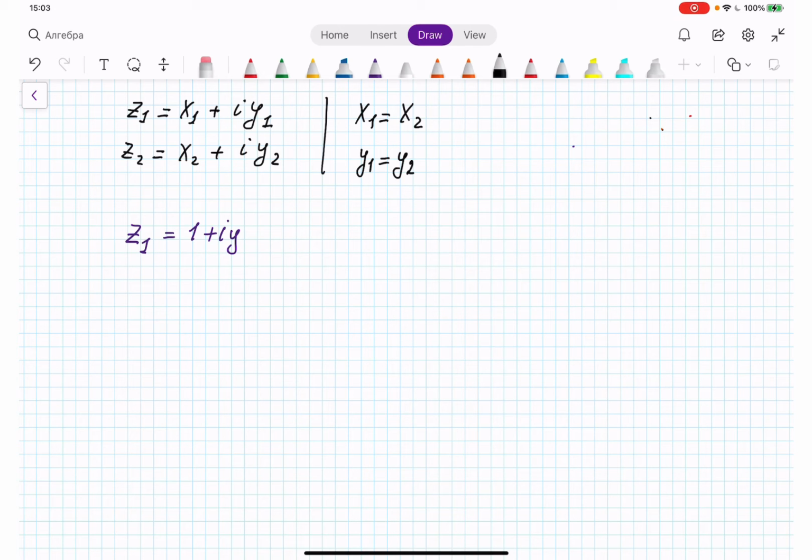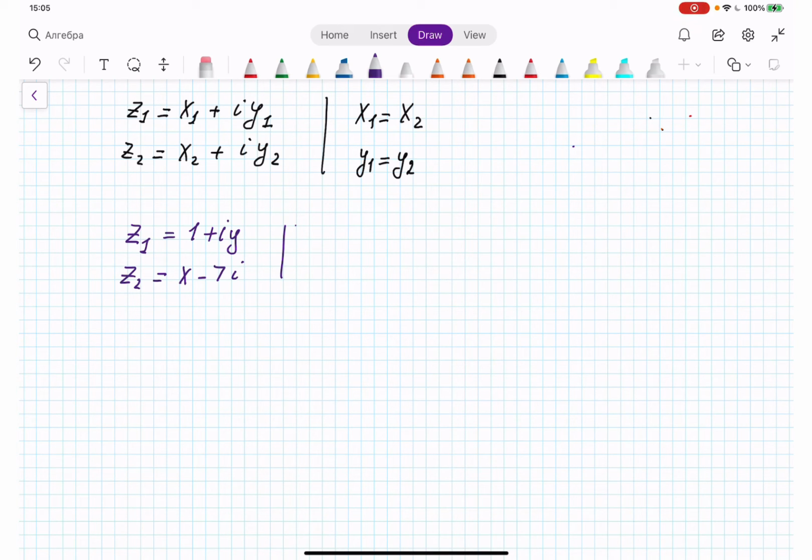And z2 is equal to x minus 7i. The question is, for what x and y are these two complex numbers equal?